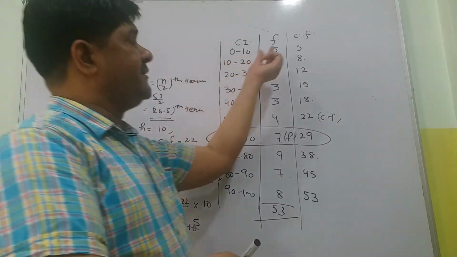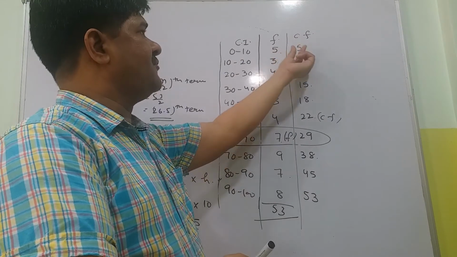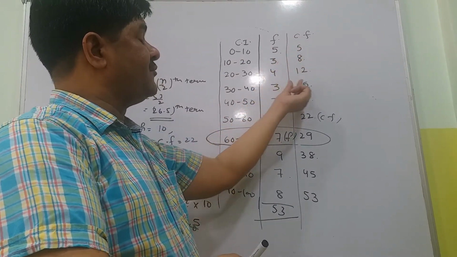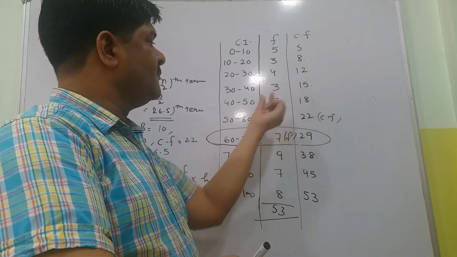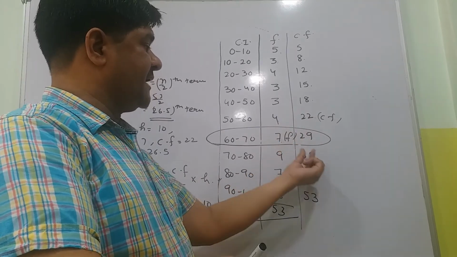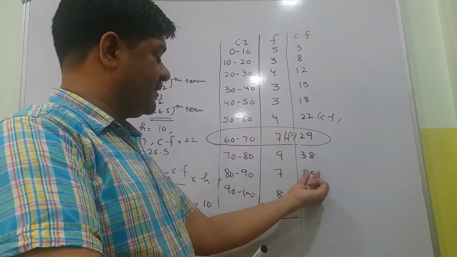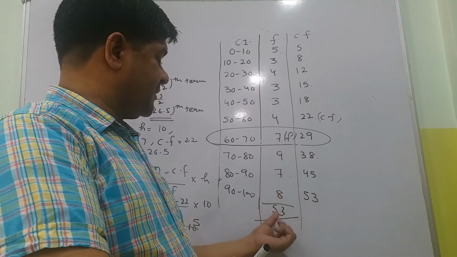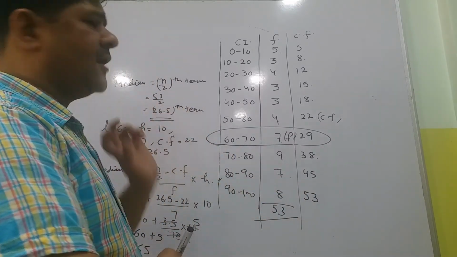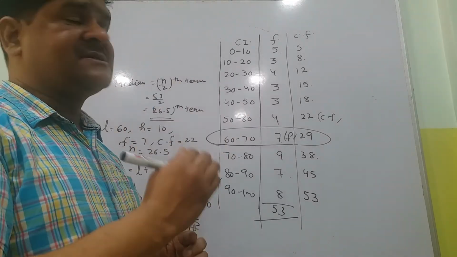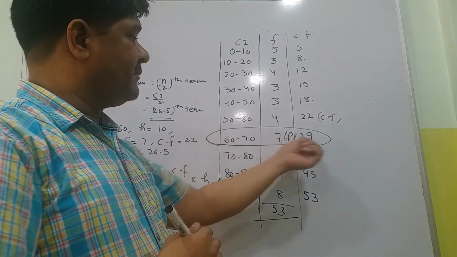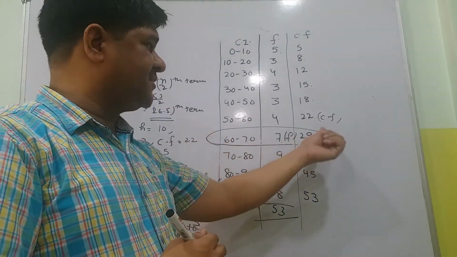As you have done so many sums of median, once you filter out the frequency table, you can easily write the cumulative frequency: 5, 5 plus 3 is 8, 8 plus 4 is 12, 12 plus 3 is 15, 15 plus 3 is 18, 18 plus 4 is 22, 22 plus 7 is 29, 29 plus 9 is 38, 38 plus 7 is 45, 45 plus 8 is 53. The next step is N by 2, 53 by 2, half of it is 26.5. Look for the CF greater than that, which is 29. It means the median lies in the class interval 60 to 70.